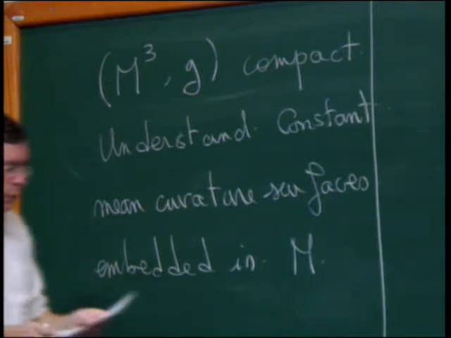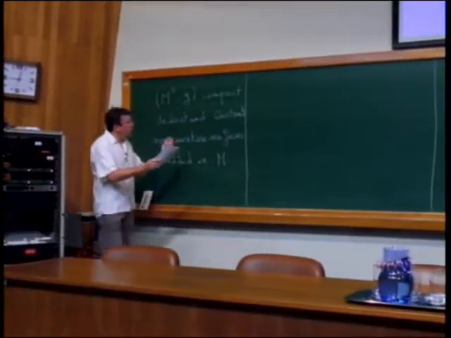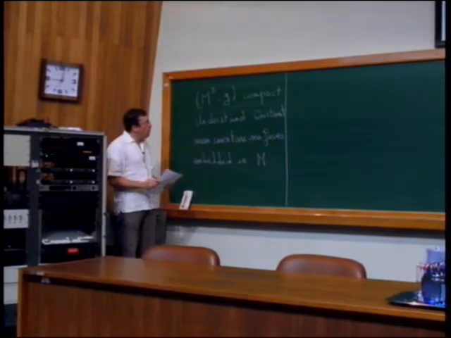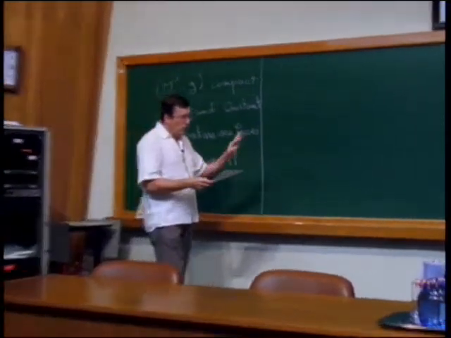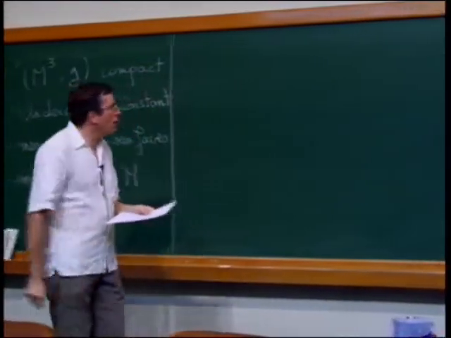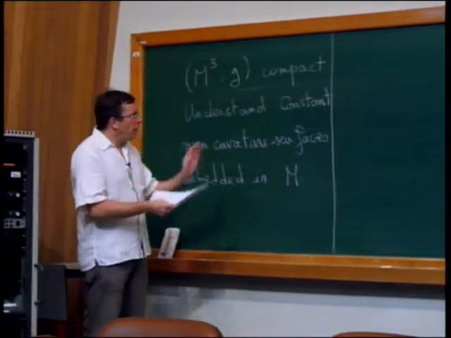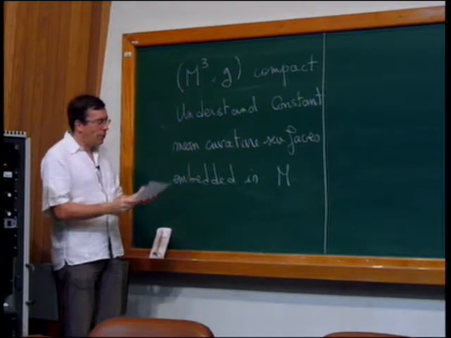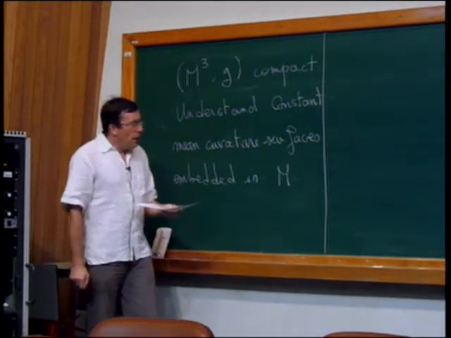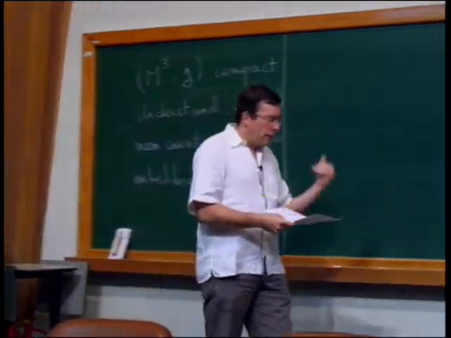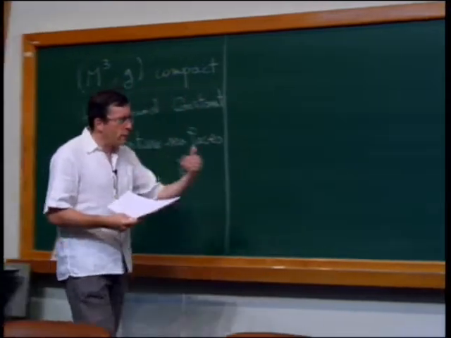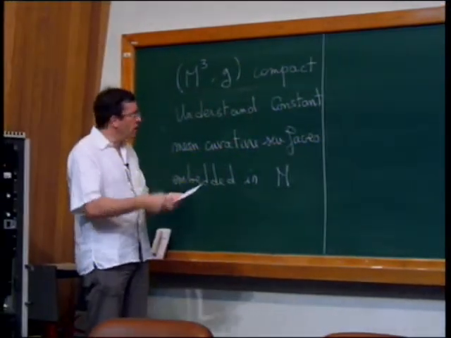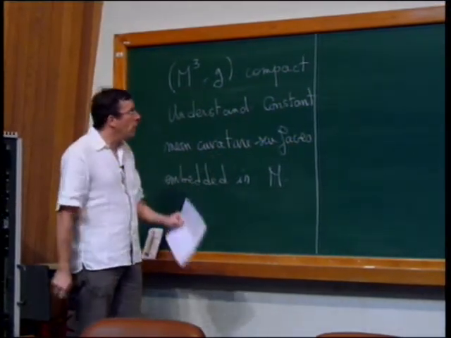So to start with, what I will do is that I will give you two examples and remind you of a very classical constant mean curvature surface, maybe in a way slightly different from the way you know them, and then I will explain to you why this type of surfaces extend in a very general framework.